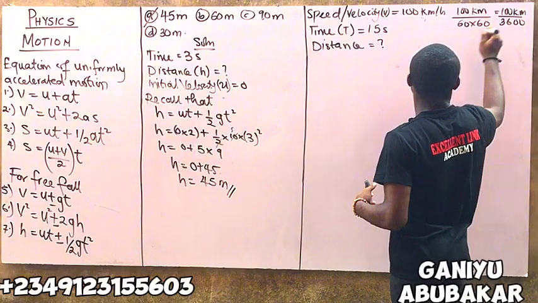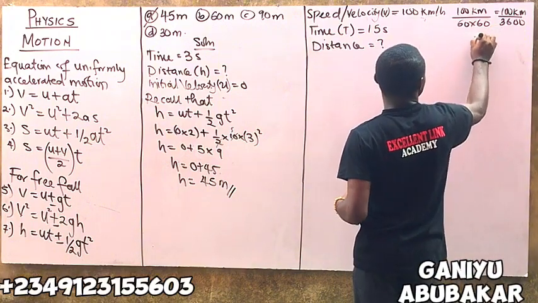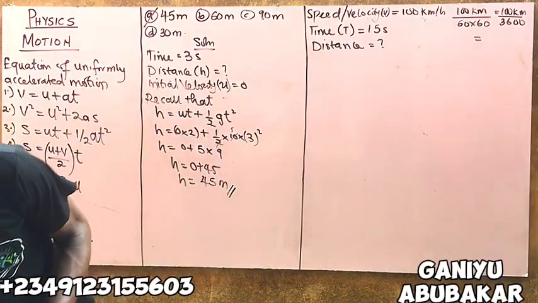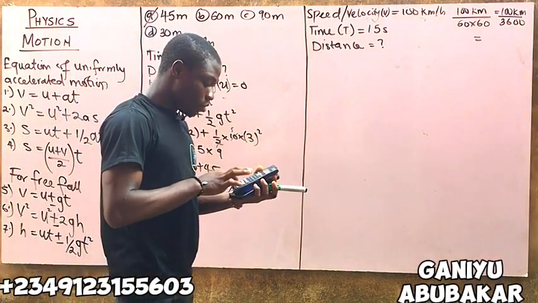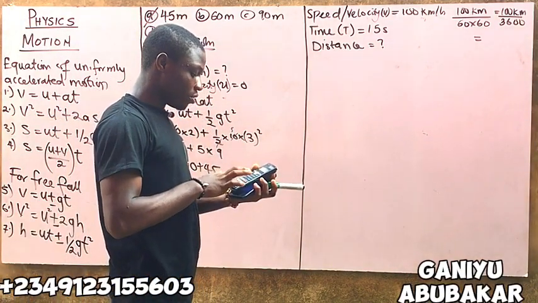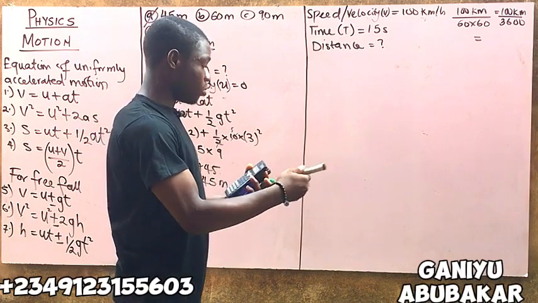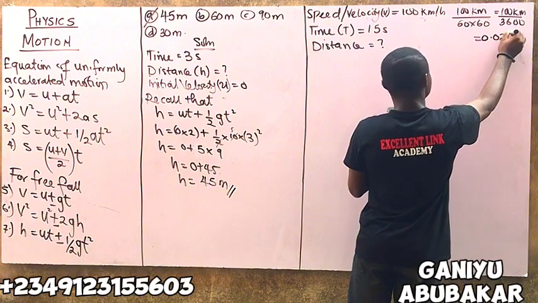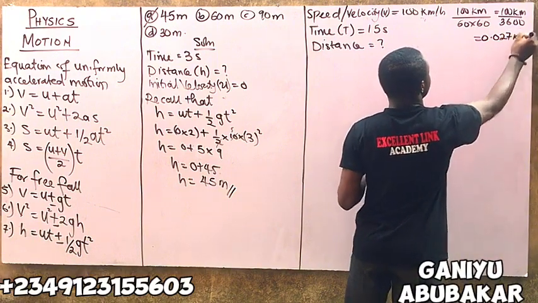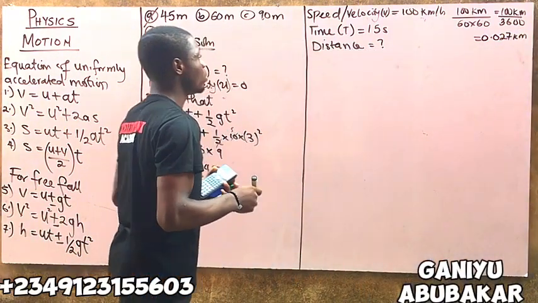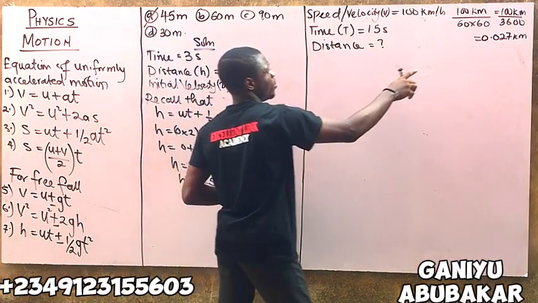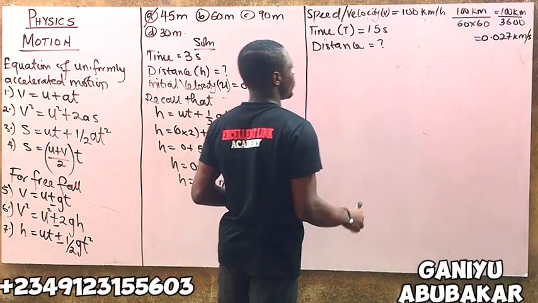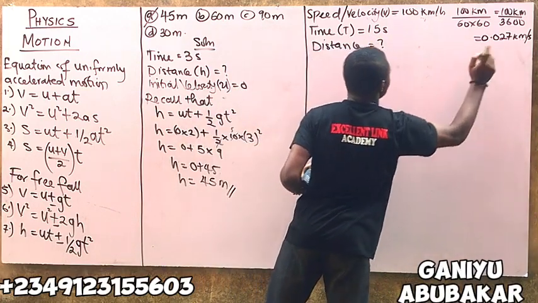Divide this, my speed there will be equal in value to, if I have 100 divided by 3600, 0.027 kilometers. So from here I've gotten per second now in this case. So I've converted this to seconds. I'm good to go now.